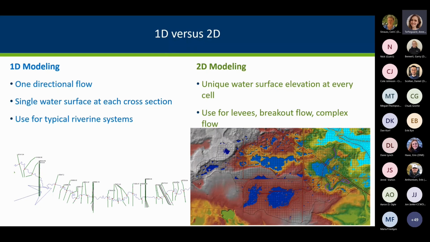So we usually see 2D models done in areas where there's more complex flow, like breakout flows or levees, or areas with a lot of storage, like a series of wetlands or ponds. As you can see in this picture, there are different storage areas on the landscape. It's not really a straightforward riverine system. So this is a good area to do a 2D model because the flow in the landscape isn't one-dimensional.